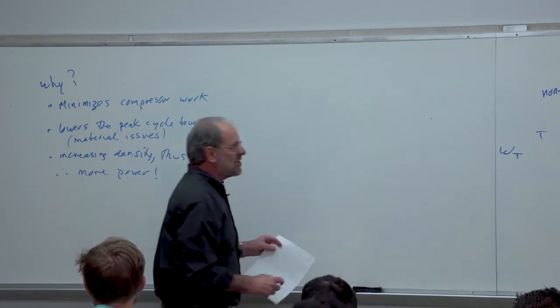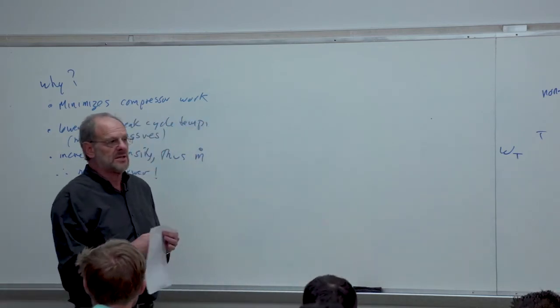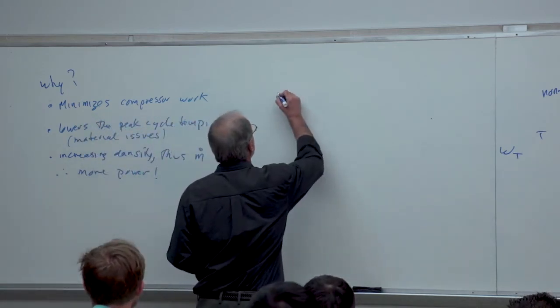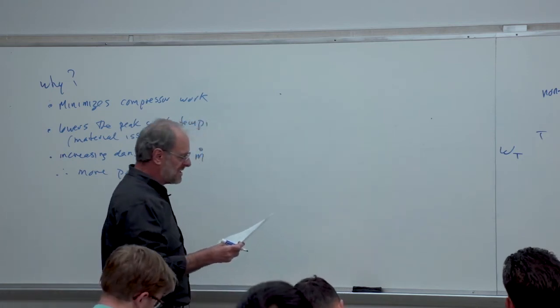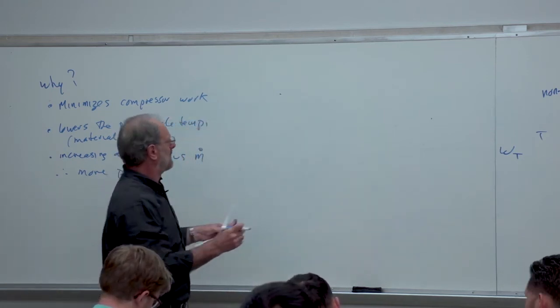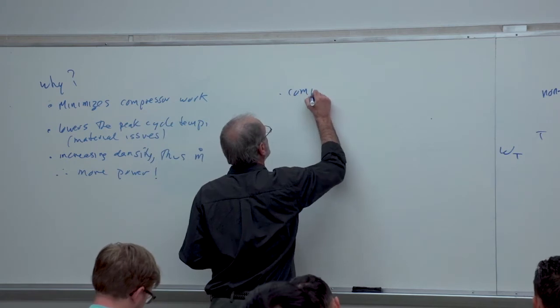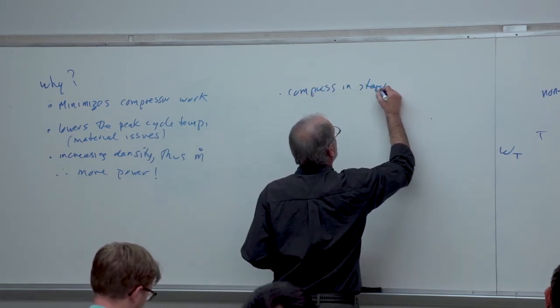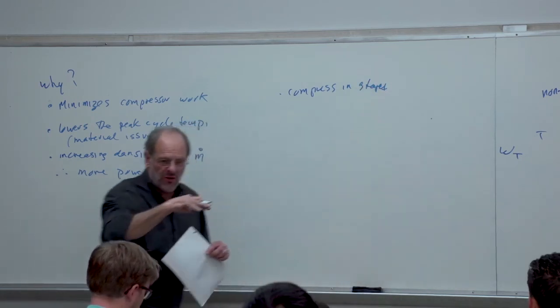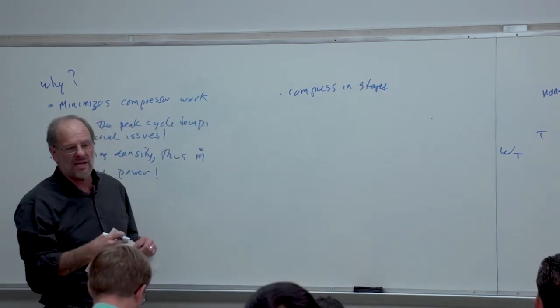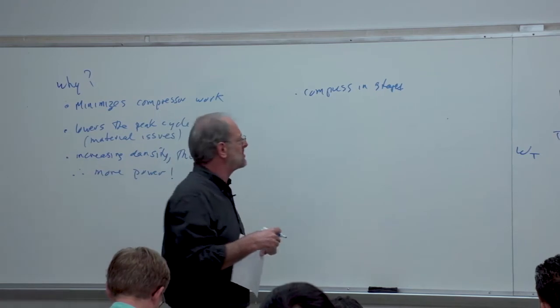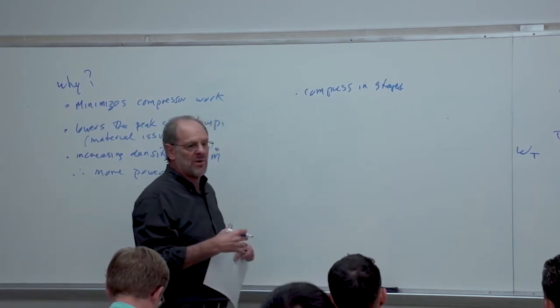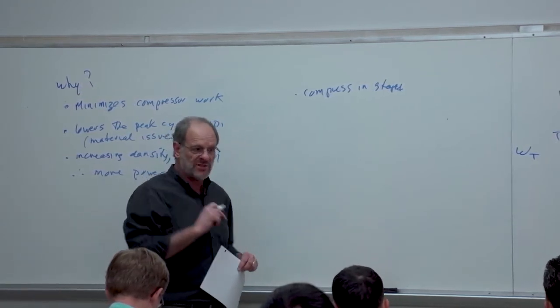Okay. So with all this in mind, what is intercooling exactly? So let me just see if I can spell this out. We compress in stages. And again, I'm going to refer you back to section 710. What we find is that to minimize the compressor's work requirement, we're going to compress in stages with equal pressure ratios.